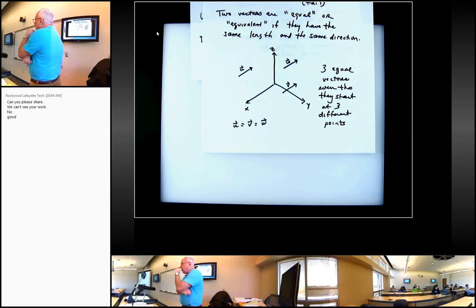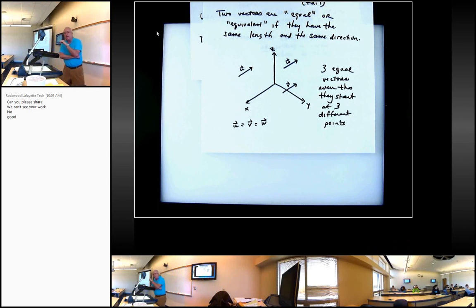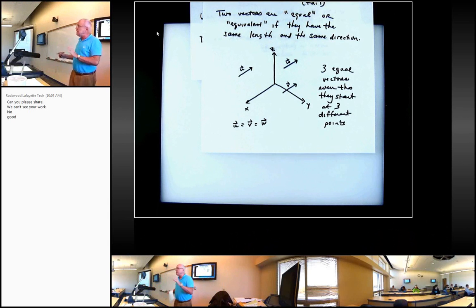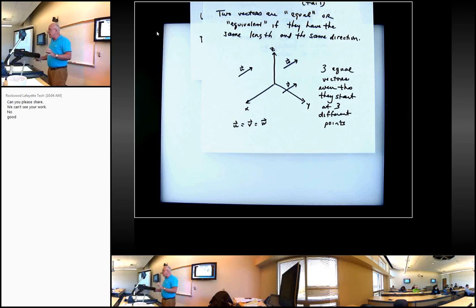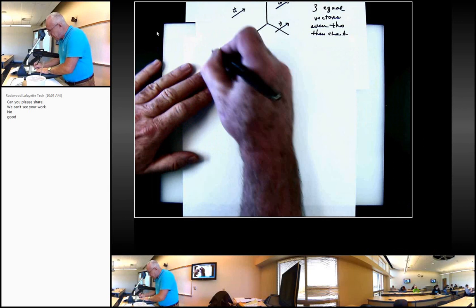Now we can do a lot of operations with vectors. The first thing we can look at is we can add two vectors together. And we're going to learn two different ways we can do that. The first is kind of a geometric way. The second way is going to be an algebraic way. All right. So let's look at adding two vectors.